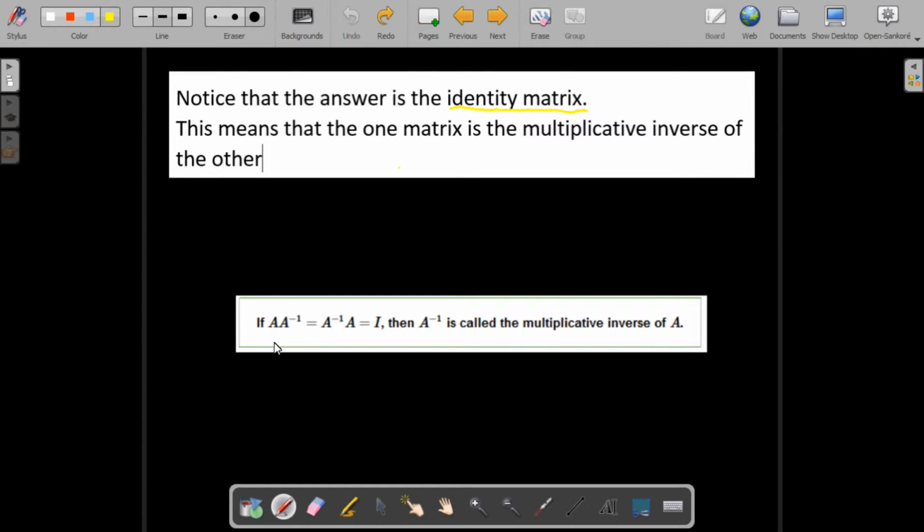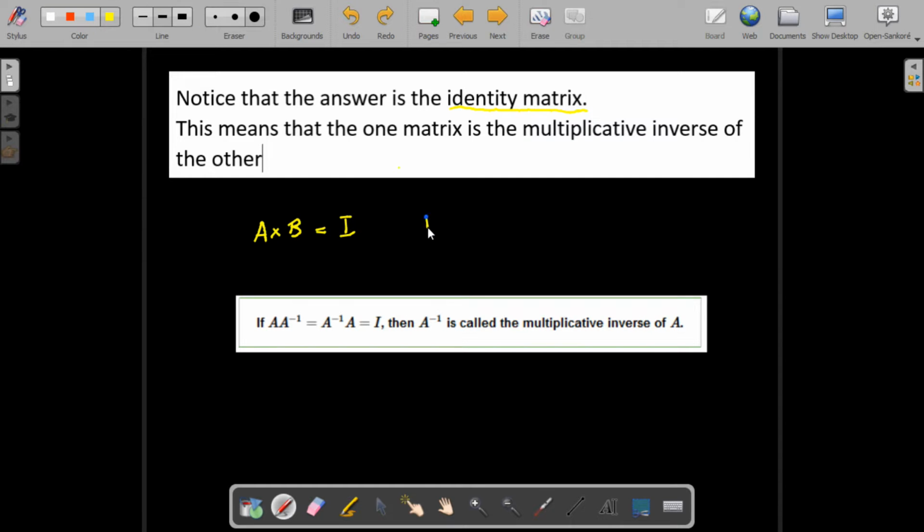And this is a summary here. If matrix A times another matrix, usually denoted A to the negative 1, is equal to the identity, or the other way around, the inverse times the original matrix equals the identity, then we can say this matrix A to the minus 1 is the multiplicative inverse of A. So in our example, we had A times B, and we resulted in the identity.